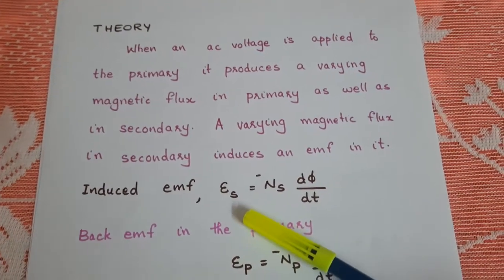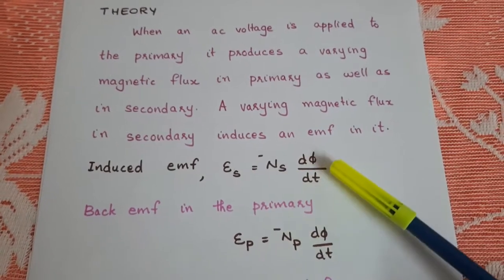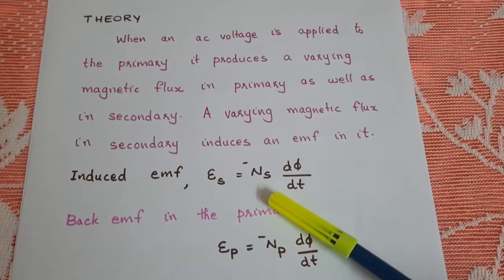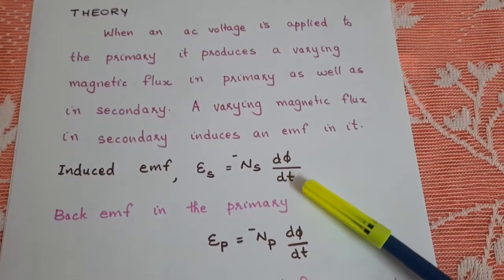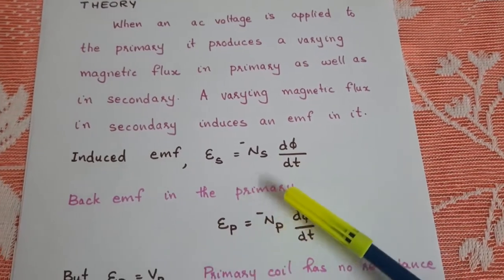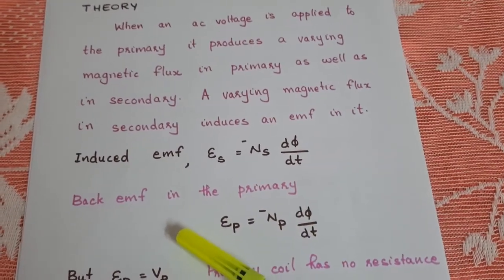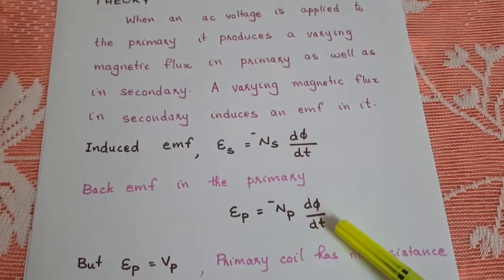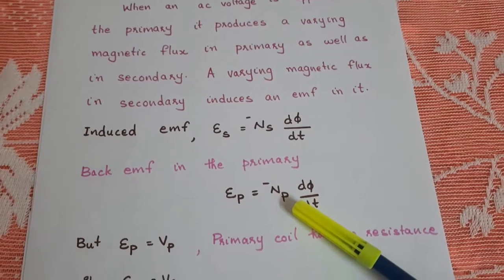Induced EMF in the secondary is given by Ns into d phi by dt, where Ns is the number of turns in the secondary and d phi by dt is the rate of change of magnetic flux. EMF induced in the primary, it is also called back EMF, is given by Np into d phi by dt, where Np is the number of turns in the primary coil.